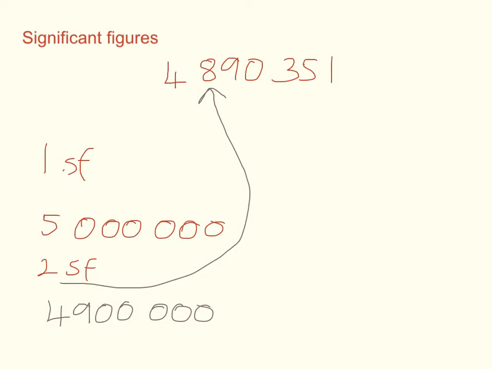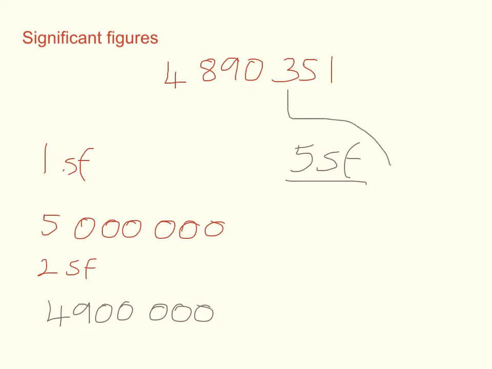Okay, so let's go on a bit. Let's say the fifth significant figure. We're going to round to 5 significant figures. Again, I'm going to identify the fifth significant figure in that problem. And the fifth significant figure is, of course, this one, and that's in the hundreds column.